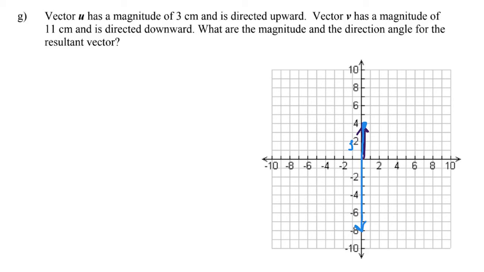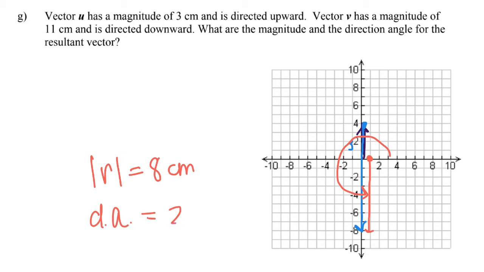Now we look to see what the magnitude of that resultant vector is. We need to start where the first one started and end where the last one ended. It looks like the magnitude of that resultant vector is going to be 8 centimeters. And my direction angle from here all the way around to here looks like it's going to be 270 degrees.